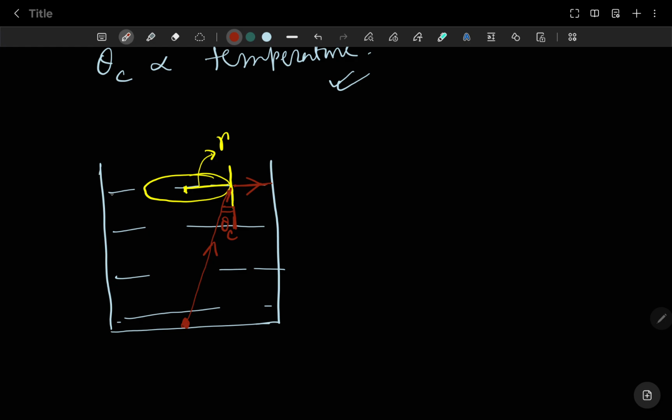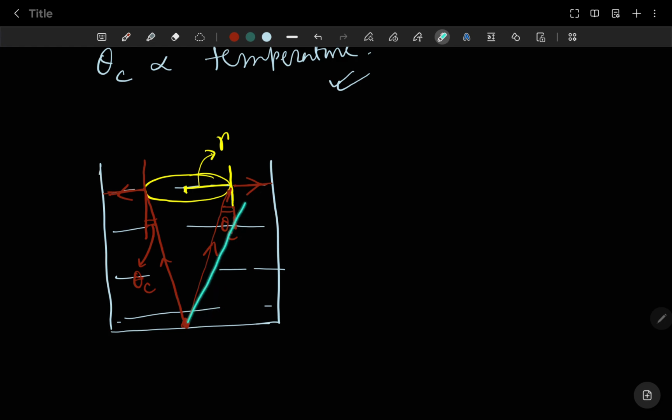And here also, symmetrically, the light ray falls from this light source at theta c, so the light ray will graze through the interface. Beyond this angle, every light ray will undergo total internal reflection. You all know this thing.